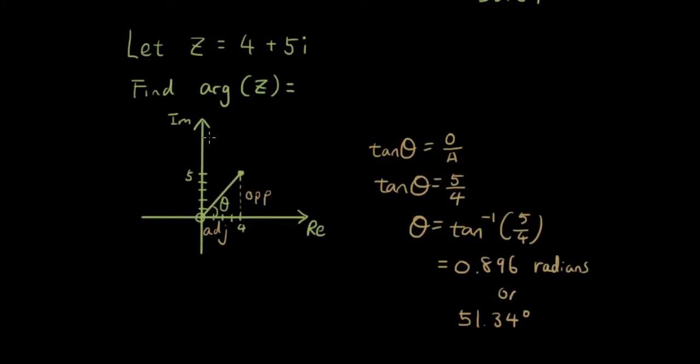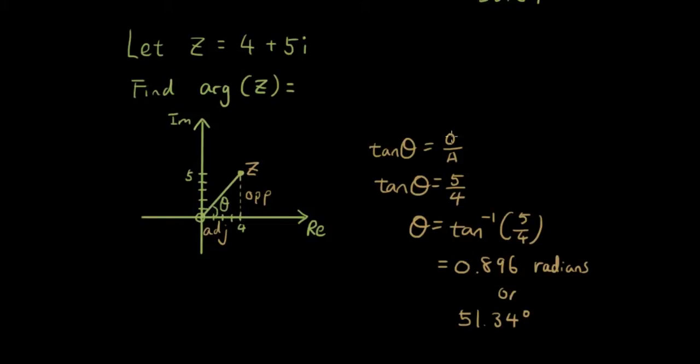So here are the answers. You draw a quick diagram with the complex number z at this point here, and draw a line to the origin, and the angle that this line makes with the positive x-axis is theta.